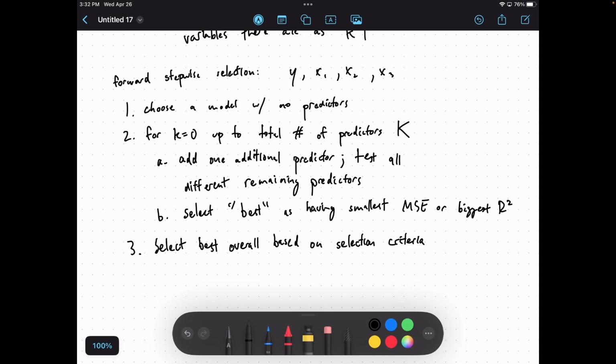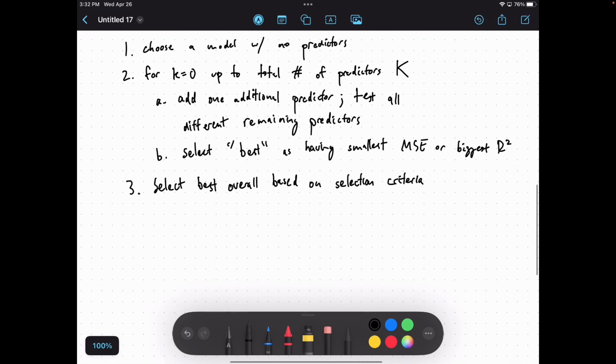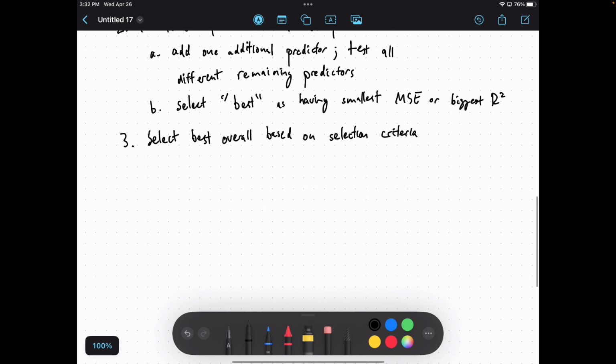So let's walk through this example manually to see how this works. First, we are going to run the model like so: beta 1 x1, beta 2 x2, beta 3 x3.